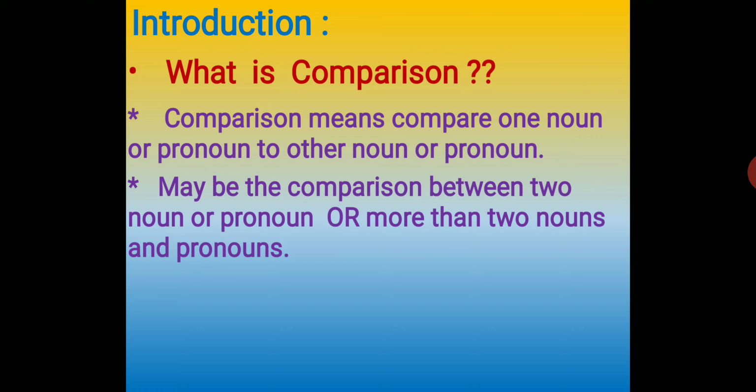Maybe they are two or more than two. You have two pencils, then you compare the shape, size, color of the two pencils. But if you have more than two pencils, meaning 3, 4, 5 or 7, then you compare all the 7 pencils, all the shapes of the 7 pencils, all the colors of the 7 pencils. So it is not compulsory that only two nouns can be compared.